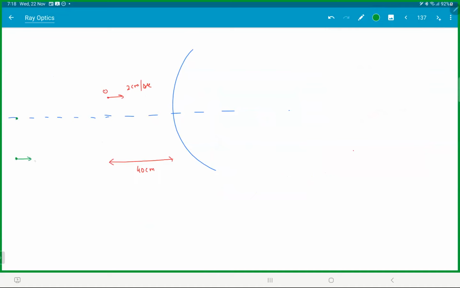This has a velocity 24 centimeter per second this way, this is 0.3 centimeter per second this way, so the image is actually going this way. 160 centimeters, and this depth is 3 centimeters. Clear? How is the velocity?